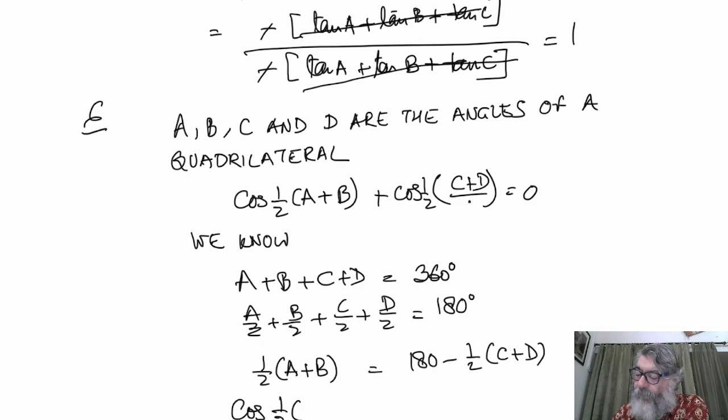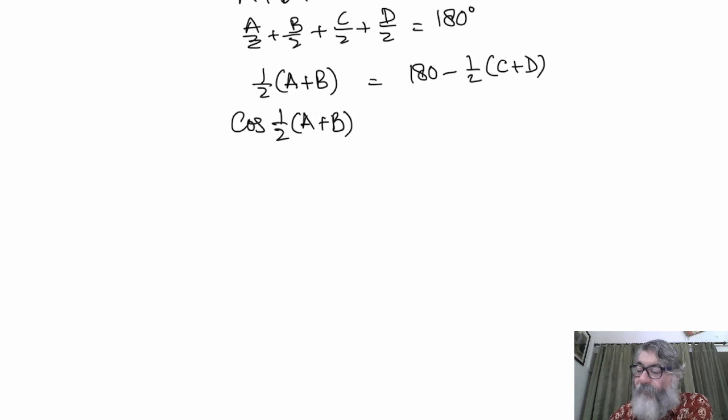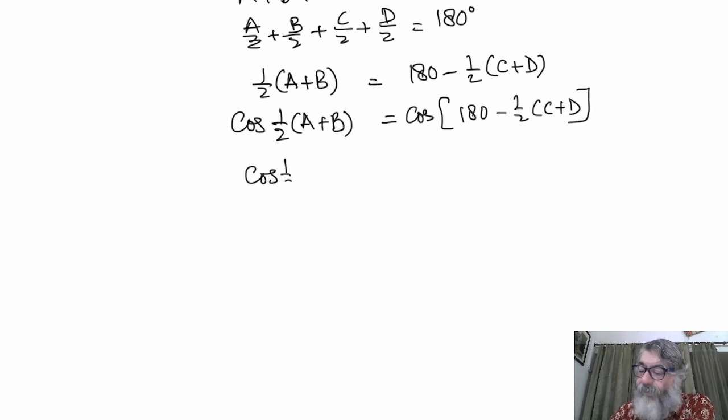And then I will apply cos. I've taken cos of both the sides, left hand side as well as right hand side. Cos half of A plus B is equal to cos of 180 minus half of C plus D. This remains as it is, cos half of A plus B. In this, 180 minus any angle will fall into the second quadrant.